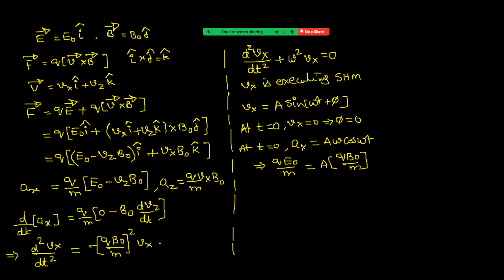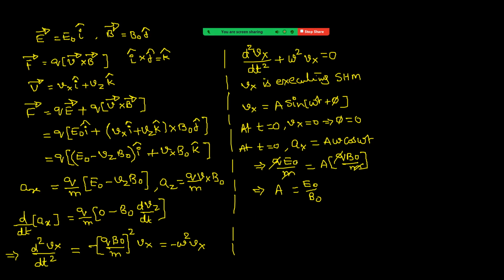You can see here this is nothing but minus ω² into Vx. So from this, the q by m gets cancelled, and A = E0/B0, right?